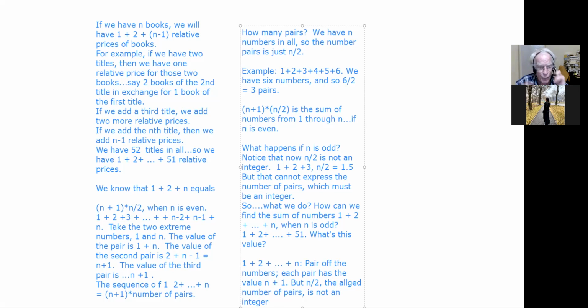So that's our problem. We've got to find a way of expressing the number of pairs that will give us an integer. Otherwise, it doesn't make sense. So what do we do?